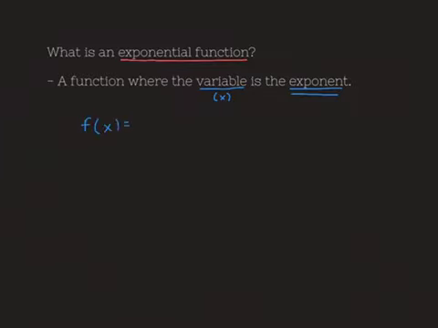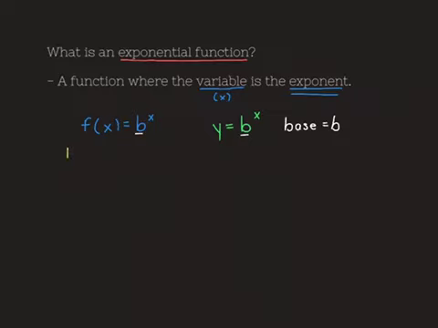is equal to b to the x, so that would be function notation, or we could have y equals b to the x. So function notation and then not function notation. So remember that b is the base. And we have a few criteria that we have to meet here.